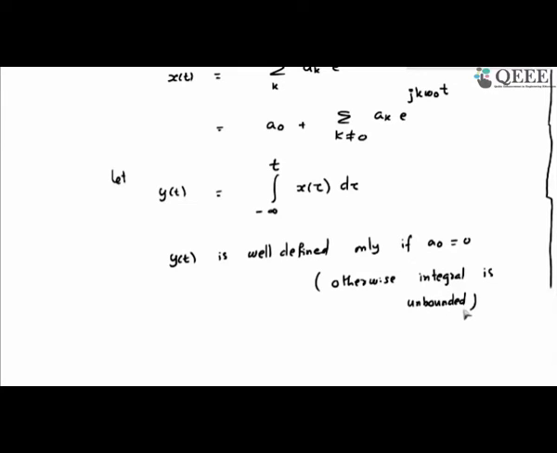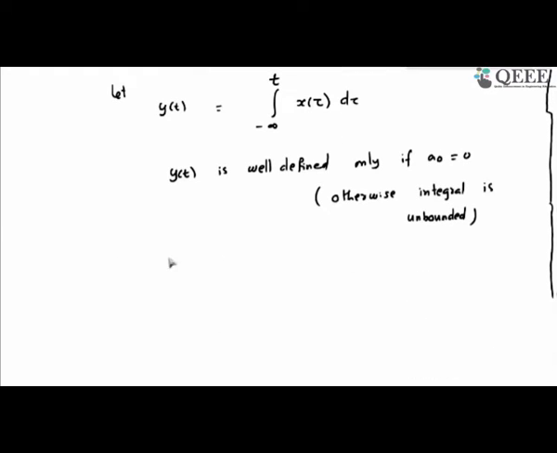So in our case, we restrict ourselves to a naught equal to 0, that is, the DC value of the signal is 0. So let us assume a naught equal to 0. So x of t is sigma over k not equal to 0 of ak e power jk omega naught t.